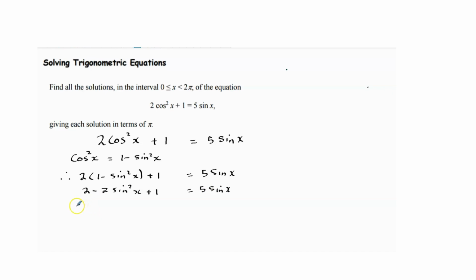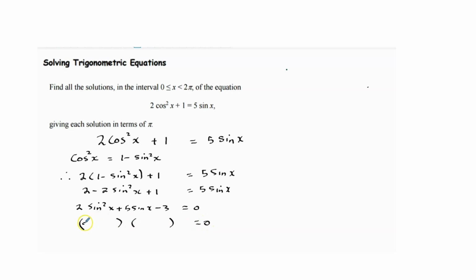So we have 2 sine squared x plus 5 sine x minus 3, and that should equal 0. Now this equation is in the quadratic form, so we can factorize it and solve it.